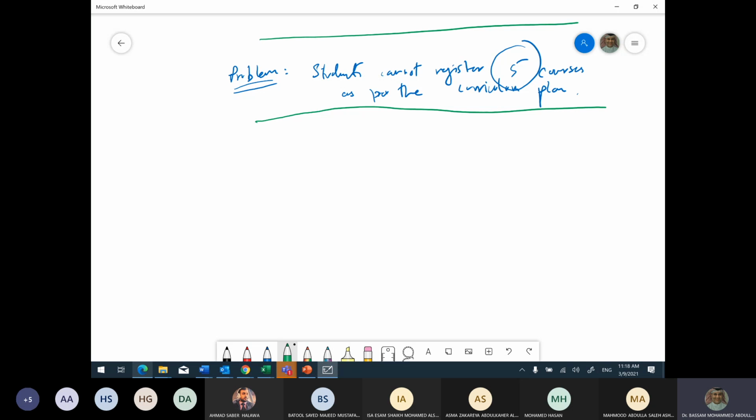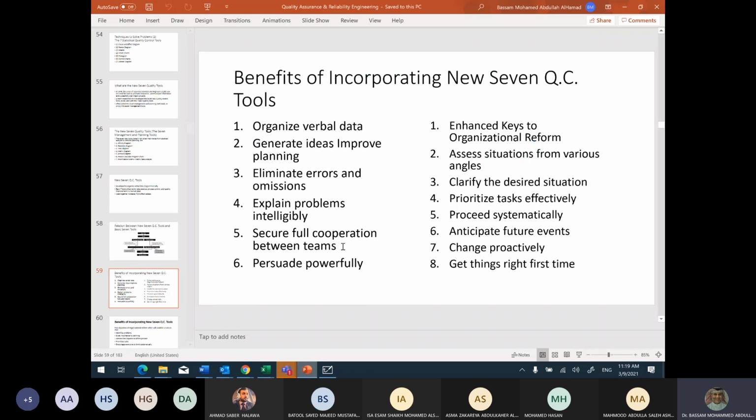We have the full responsibility, I would think, as well. So it's not only the full freedom, it's also the full responsibility because I'm part of it. So let's start. What I'm trying to do now, just to get the idea, is organize the verbal data that you have.